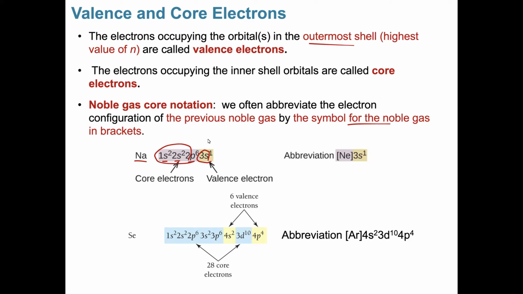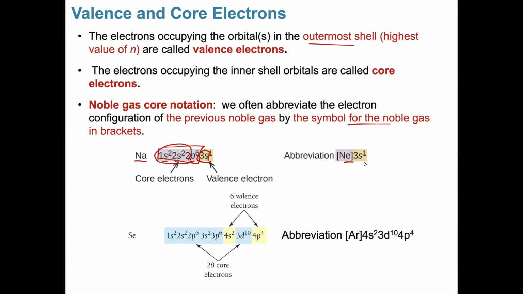So for sodium, the noble gas before sodium is neon, and neon has 10 electrons. So we represent those 10 electrons using neon in brackets plus the valence electron 3s1. That shows us the noble gas configuration, which also shows us the valence electrons. In this case, sodium has one valence electron.